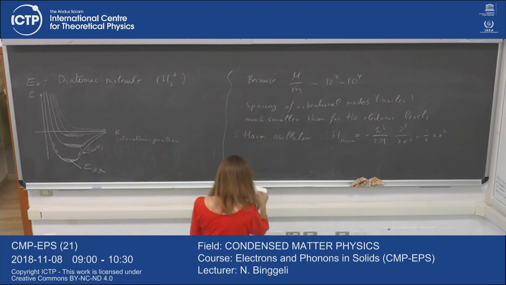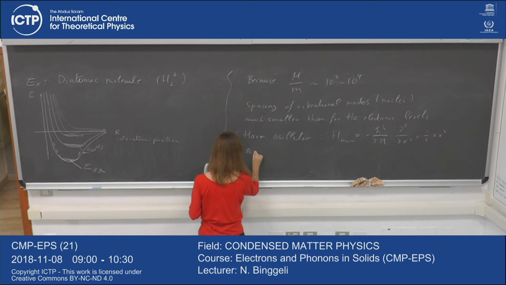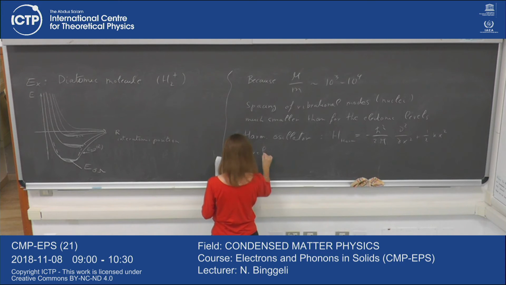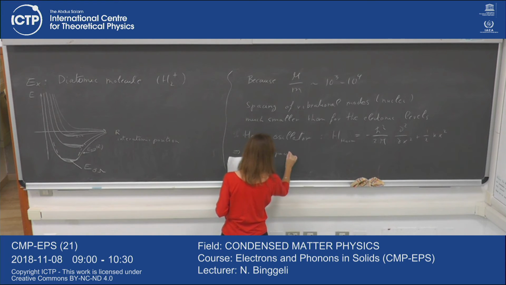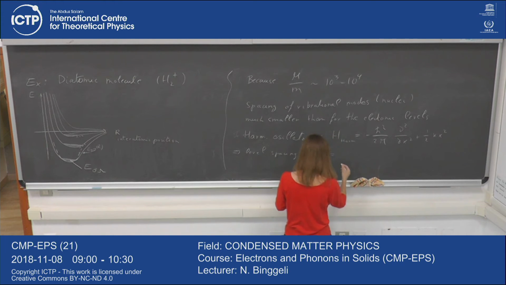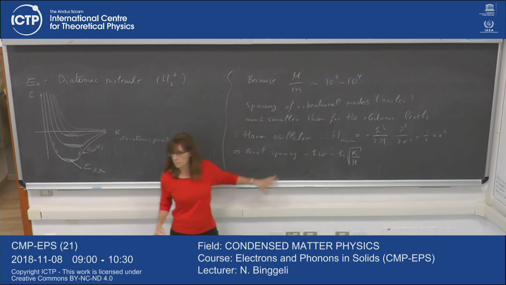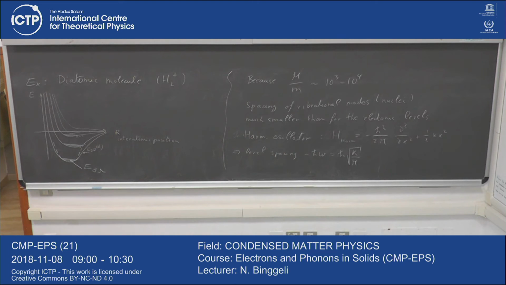So for the harmonic oscillator, you should know that the level spacing, h bar omega, is given by the square root of k over m. This is the solution for the harmonic oscillator.